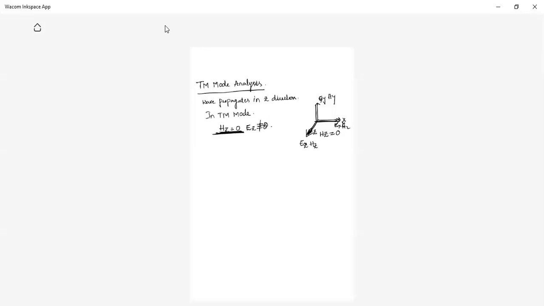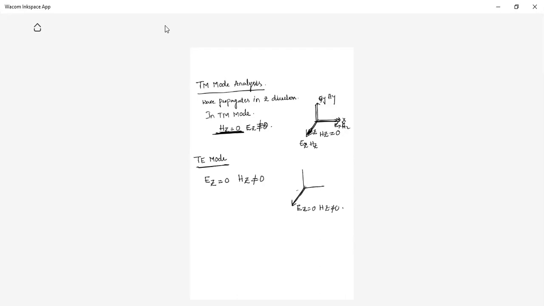Now, what is TE mode of propagation? Another mode is there, TE mode. What is TE mode? Can you tell me what the expression becomes? What is TE? Transverse electric: transverse to the direction of propagation, Ez becomes 0, but Hz doesn't become 0.